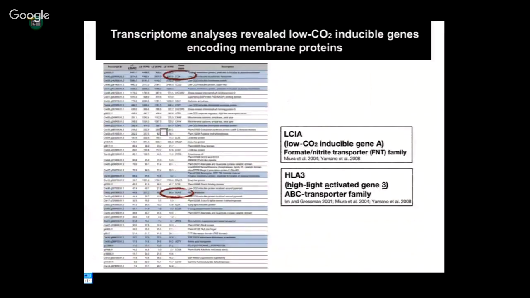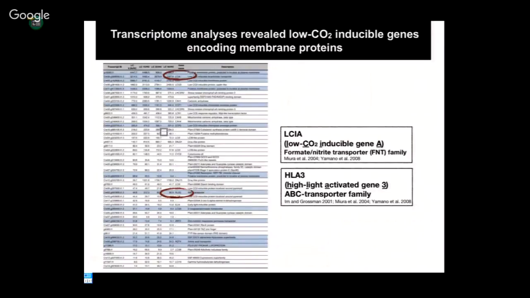Anyway, this slide shows you the list of low CO2 inducible proteins in Chlamydomonas. After culturing the cells under high 5% CO2 and transferring them to air conditions, they cannot acquire so much CO2, so they need to develop CCM components.